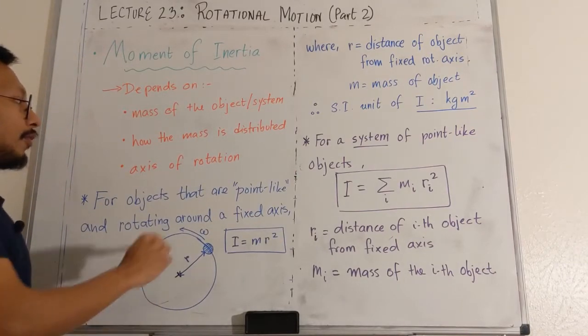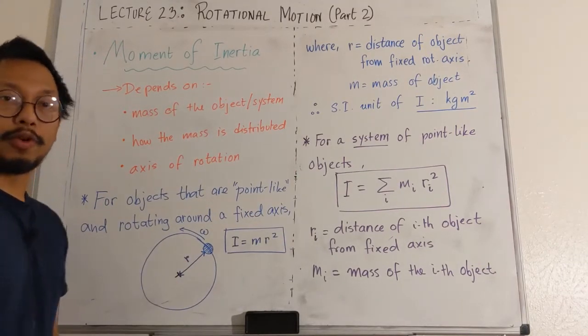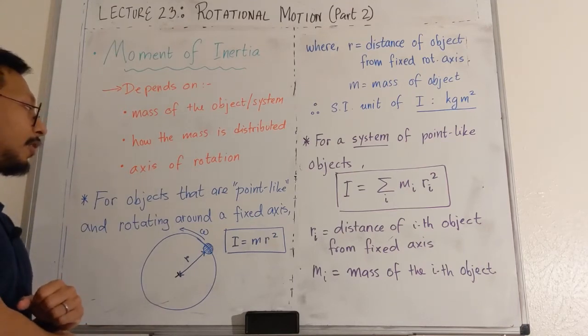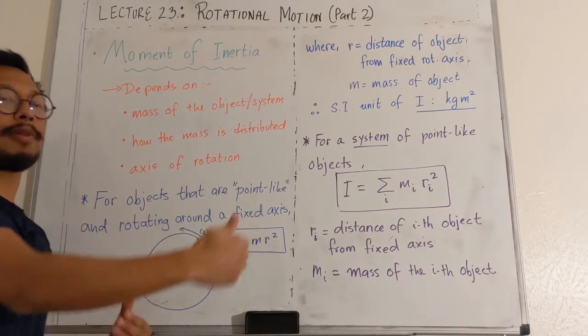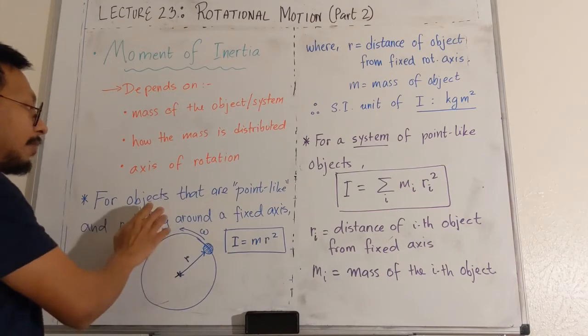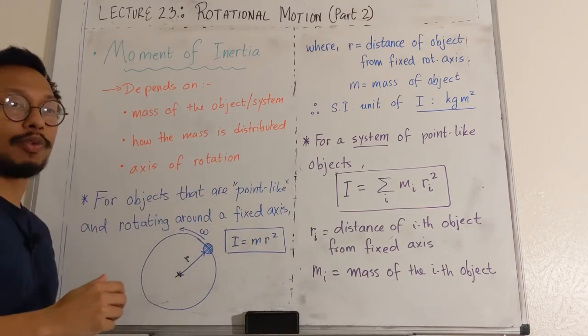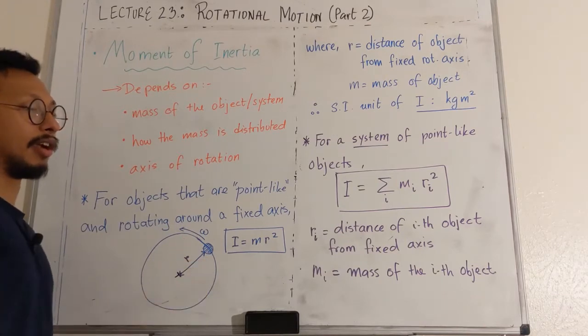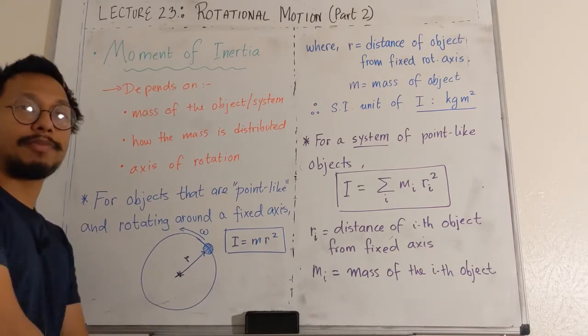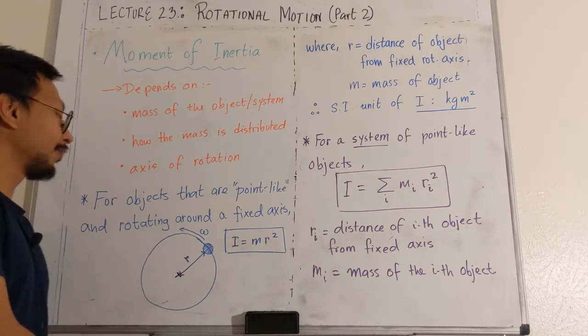That's why we have to formulate the moment of inertia for different shapes differently. For example, for objects that are point-like, that is, objects that we can often say don't have any definite shape, let's consider them to be points.